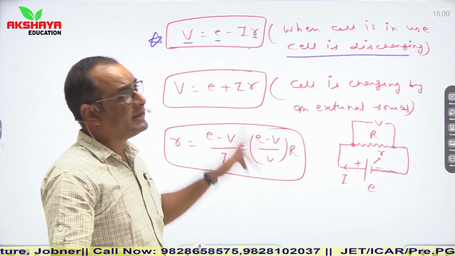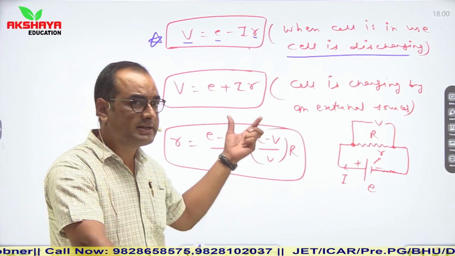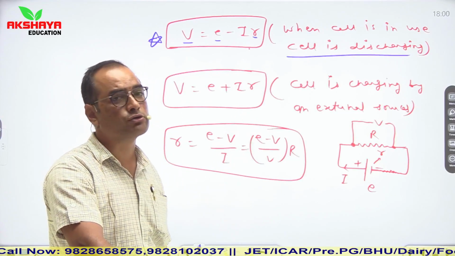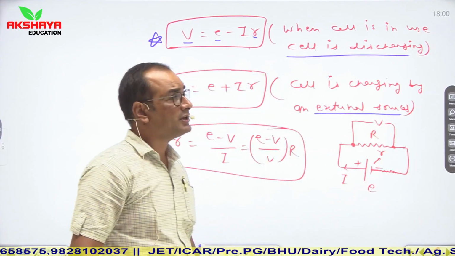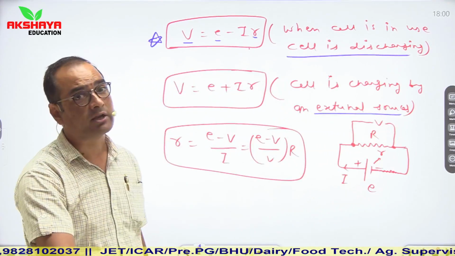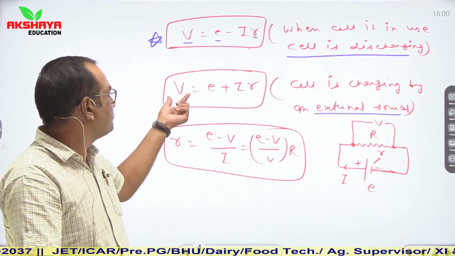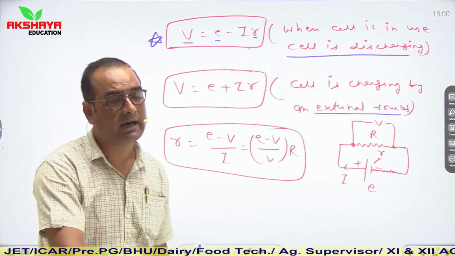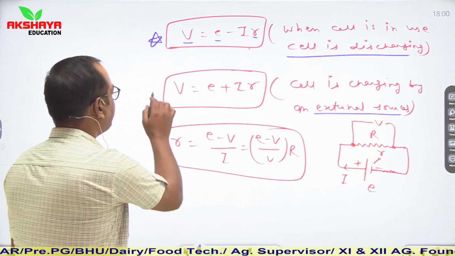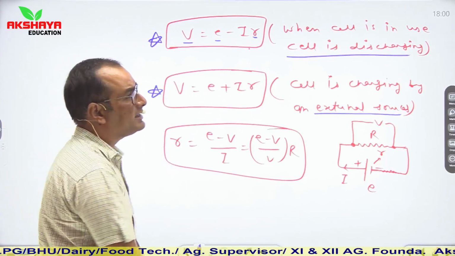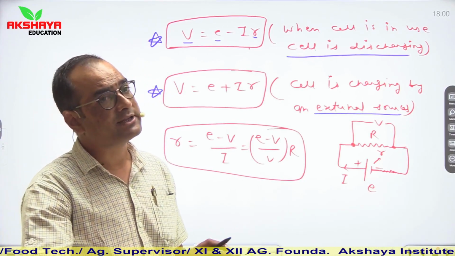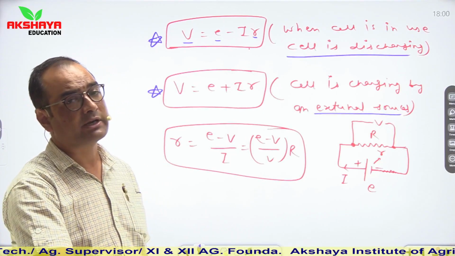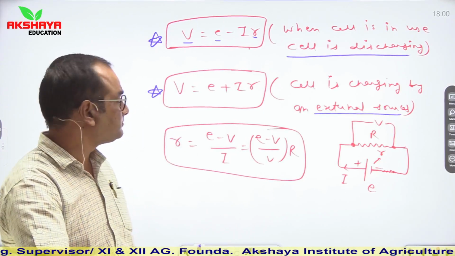But whenever we charge any cell with the help of external source, then in that case direction of current is being reversed. So here it becomes V is equal to E plus IR, or we can say from this relation that while charging the cell, its potential difference now becomes larger than its EMF because current is being supplied to it.